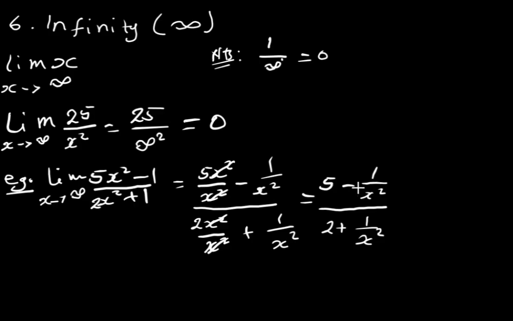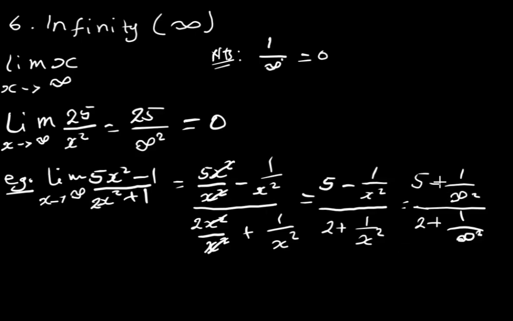So at this point, we are going to plug in the infinity into what we've gotten right now, okay. So wherever we see x in these functions, we are going to put infinity over there. So it's going to be 5 minus 1 over infinity squared, all divided by 2 plus 1 over infinity squared.